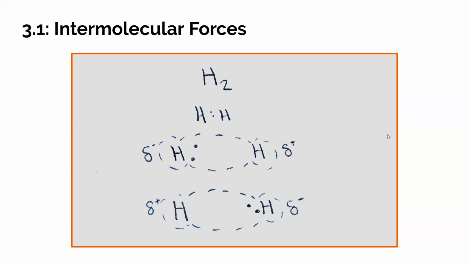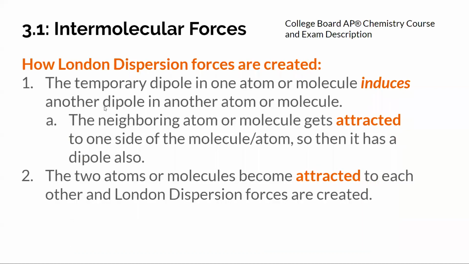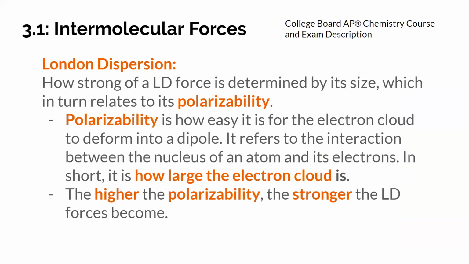This end would become negative, and then another end would become positive, and that would thus create another dipole in another atom or molecule. The neighboring atom or molecule gets attracted to one side of the molecule or atom, so then it has a dipole also, like I just explained. And the 2 atoms or molecules become attracted to each other, and London dispersion forces are created.